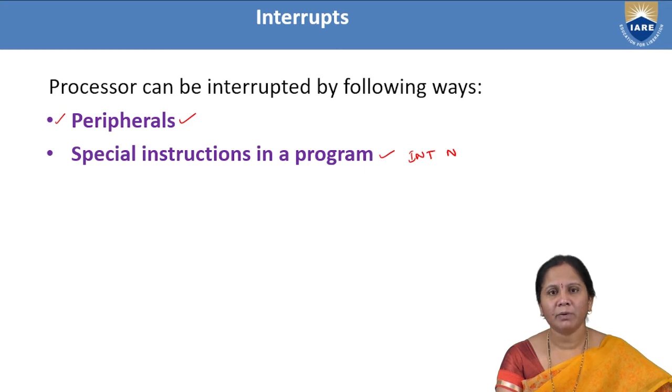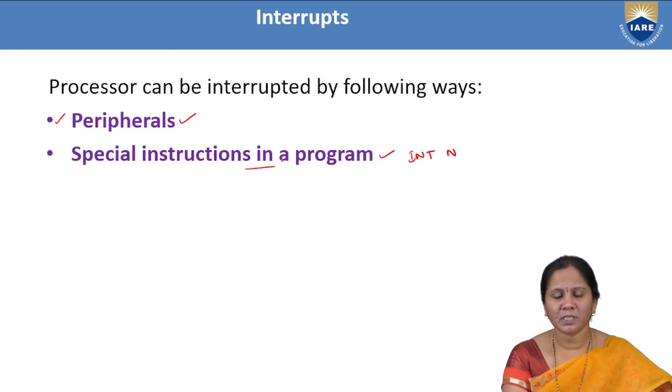Here the type number varies from 0 to 255. Why? Because in the 8086 microprocessor, in the interrupt vector table, there are 256 interrupts available. So the interrupts generated because of special instructions in the program are of this kind.